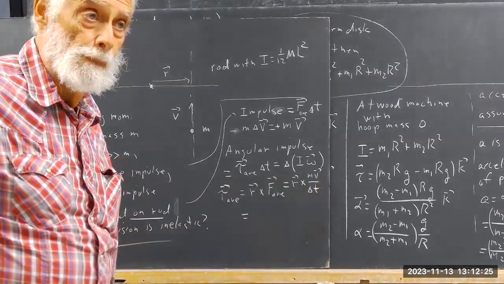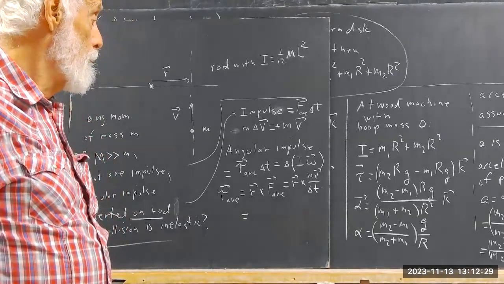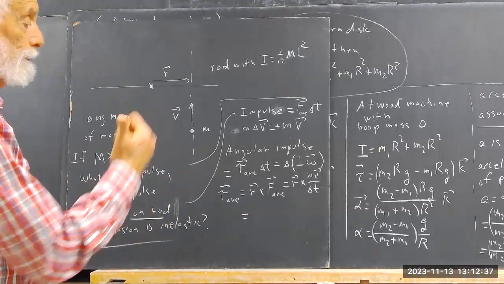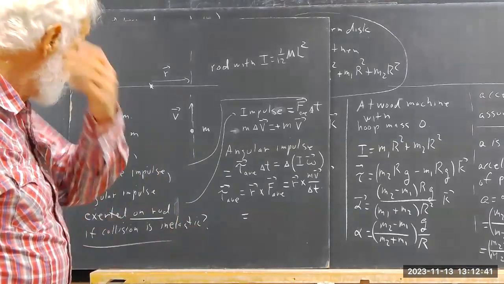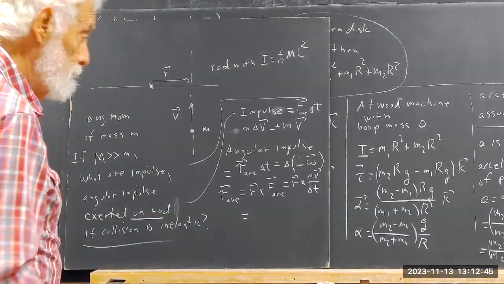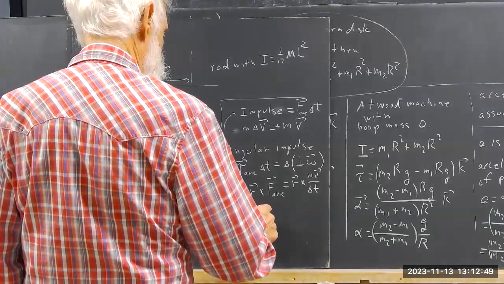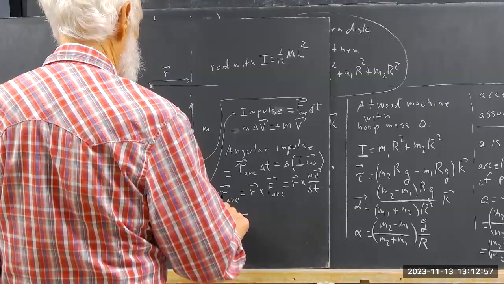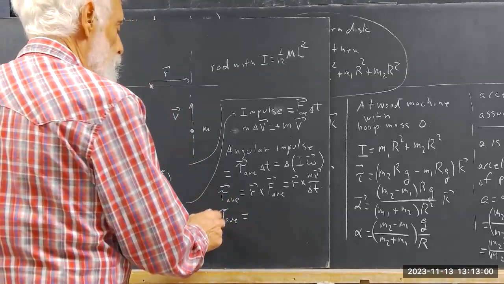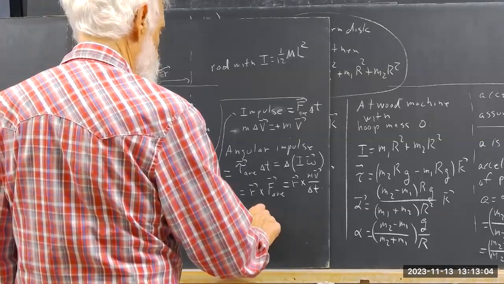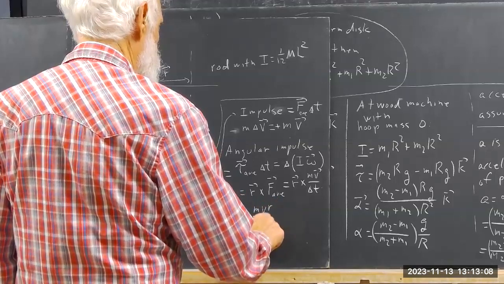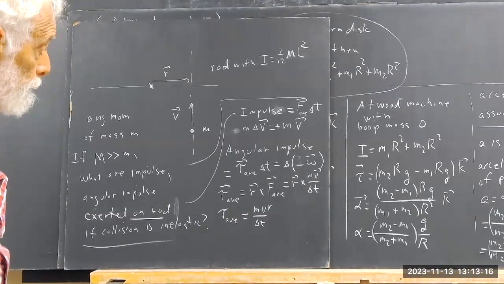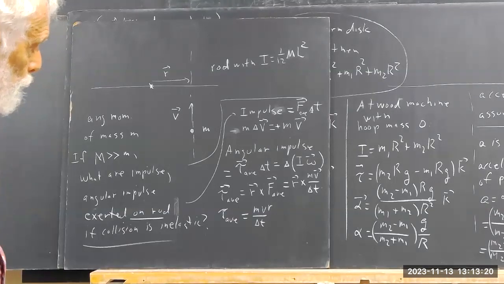What's R cross mv? Well, R cross V is here, right? The magnitude of R cross V is omega. Let's go to the magnitude of the torque. The average torque then in this case is MVR over delta T. And what's MVR?